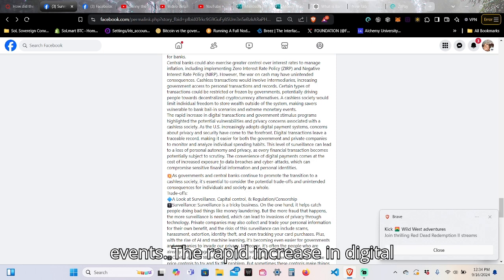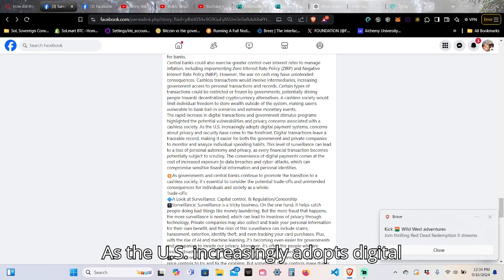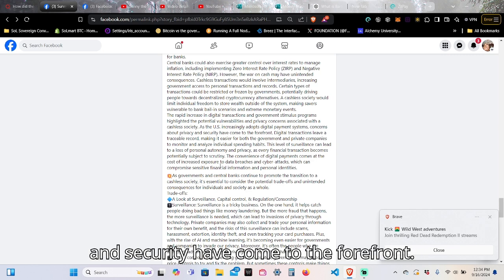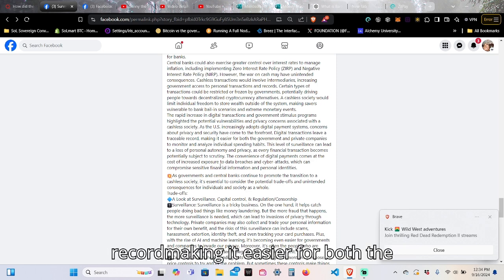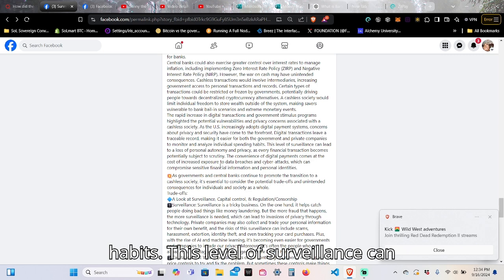The rapid increase in digital transactions and government stimulus programs highlighted the potential vulnerabilities and privacy concerns associated with a cashless society. As the U.S. increasingly adopts digital payment systems, concerns about privacy and security have come to the forefront. Digital transactions leave a traceable record, making it easier for both the government and private companies to monitor and analyze individual spending habits.